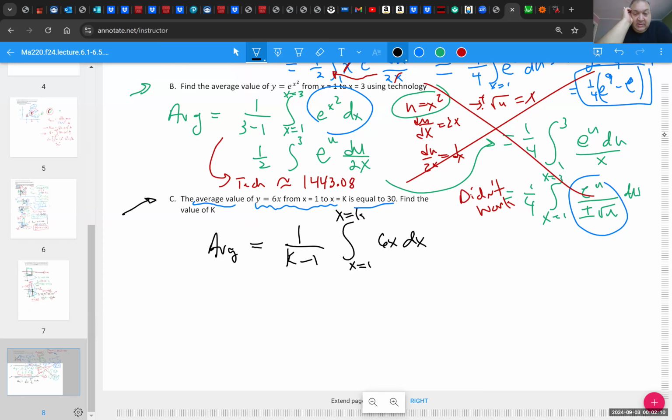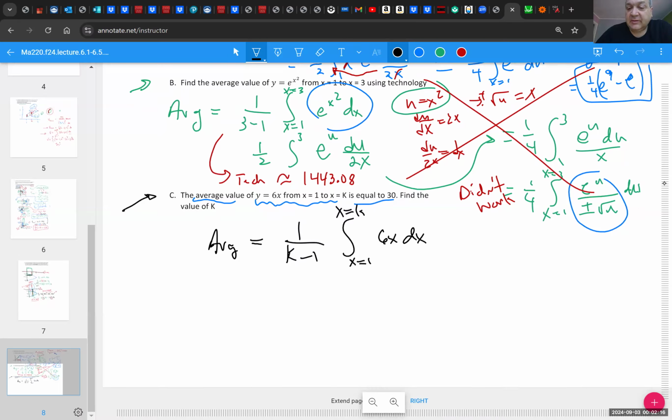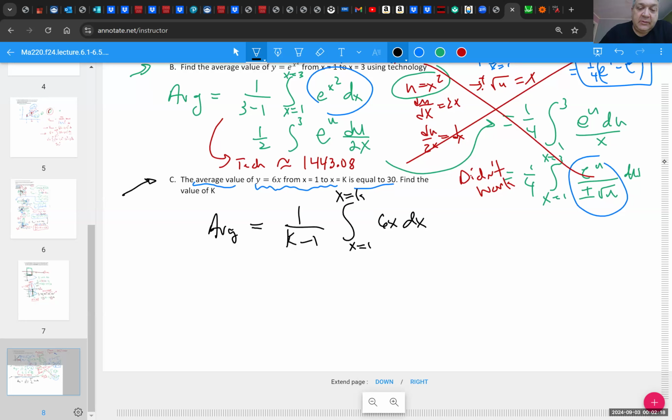The integral of 6x is easy to do because it's one of our shortcut formulas. It's just x to the 1, right? So we can do 1 over k minus 1. The 6 doesn't matter because it's multiplied. The antiderivative of x is x squared over 2. And we need to evaluate this from x equals 1 to x equals k.